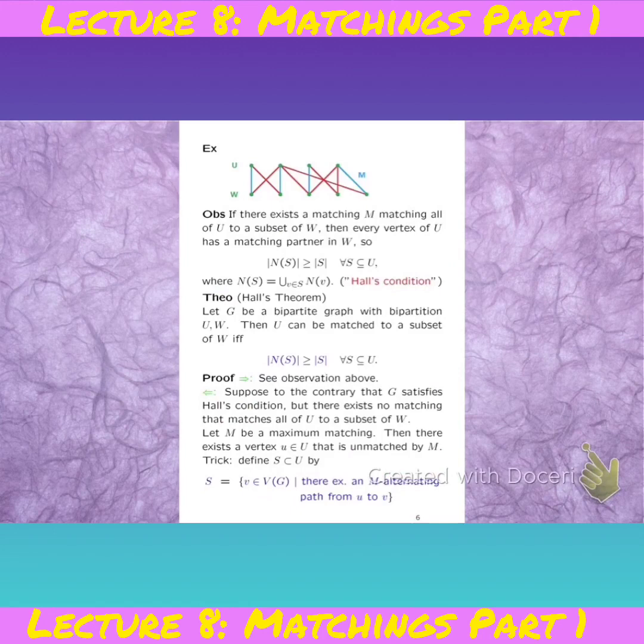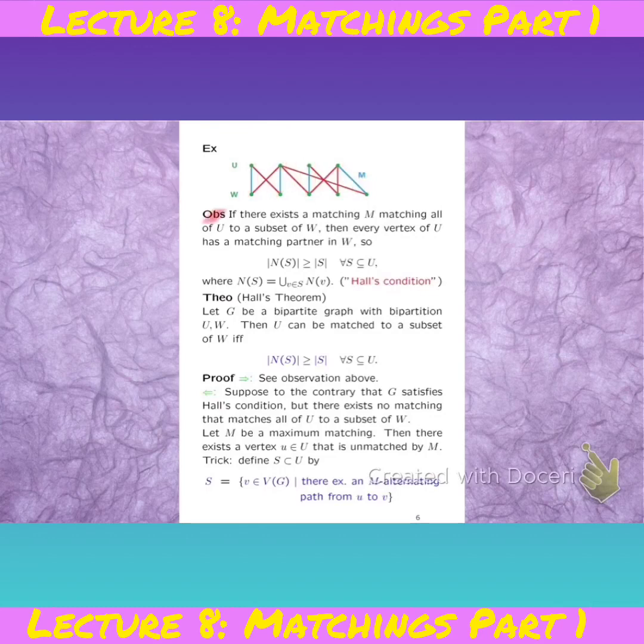As an example here you see the blue edges are the edges of a matching, and the matching matches the vertices in U to a subset of vertices in W.